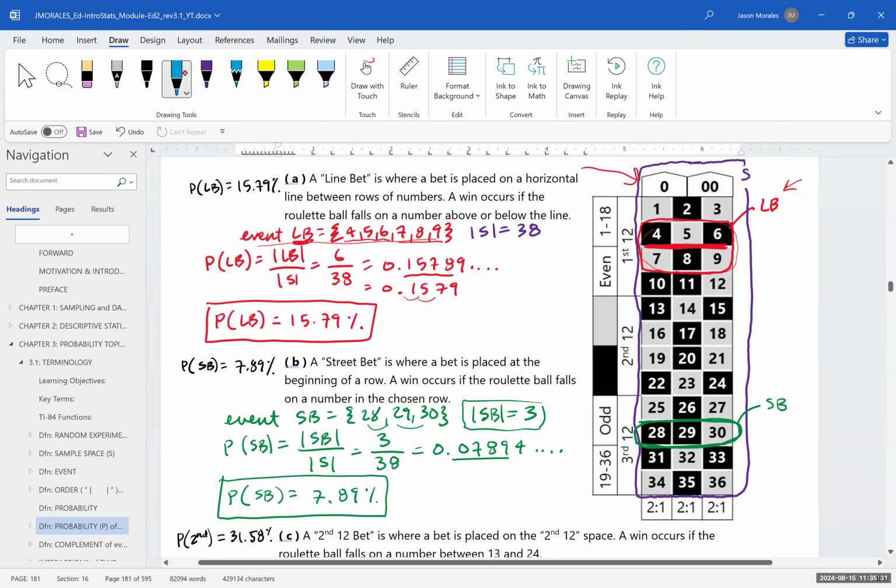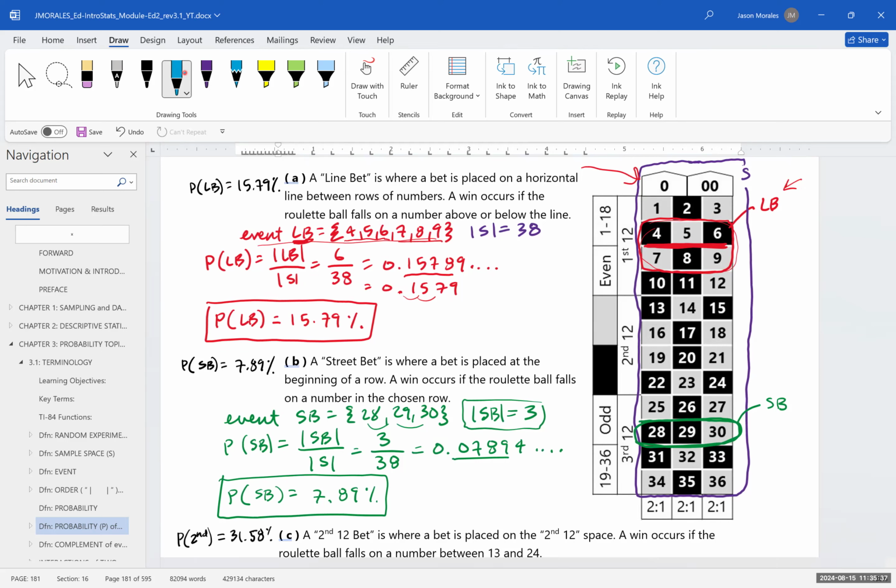So here on this roulette wheel outcome table, you've got a first 12, we've got a second 12, and we have a third 12. So the second 12 is going to be all of these numbers here. So that is the event second. I'm going to use that as a label for second 12.